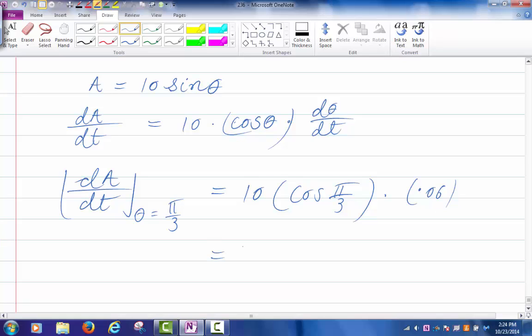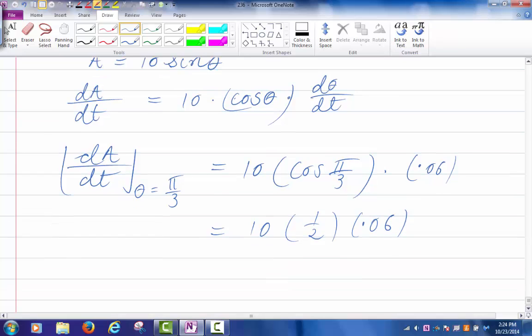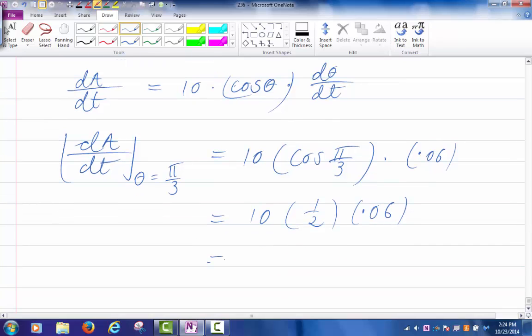And when you multiply them, what do you get? Cosine of pi over 3 is cosine 60 degree, which is half. So this will be 10 times half times 0.06. It'll be 5 times 0.06, which is 0.3, right?